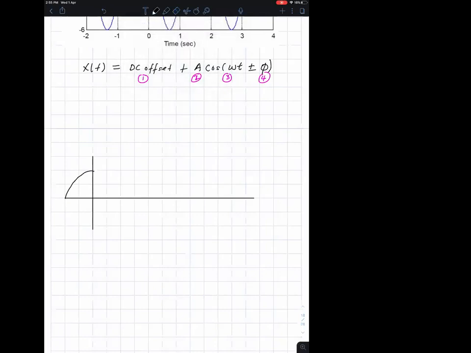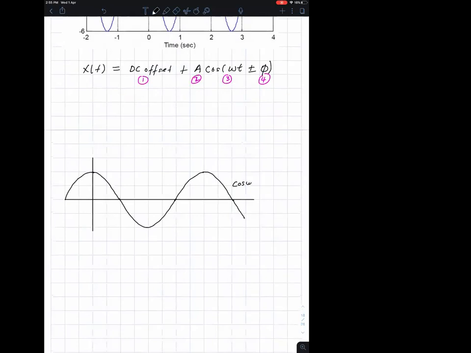Okay, this is a cosine signal, cosine omega t without any phase shift. Can you recognize this? This is the time axis, and this is the amplitude axis, cosine or sine or whatever.